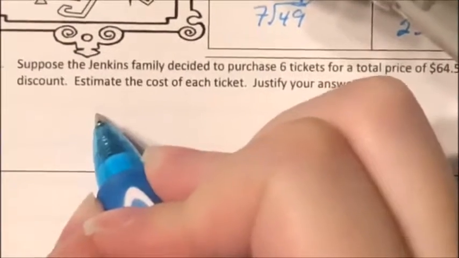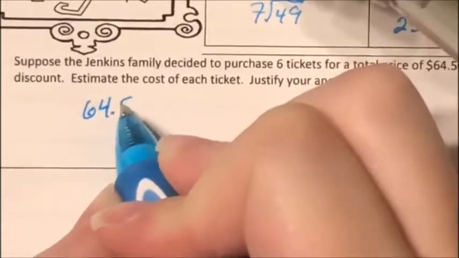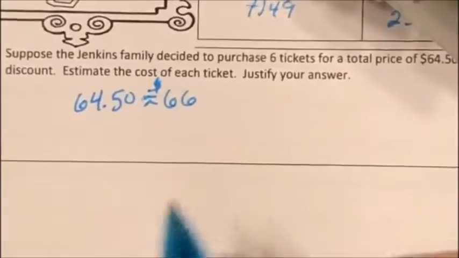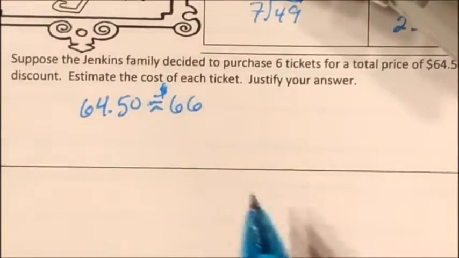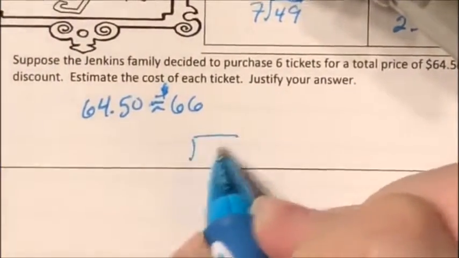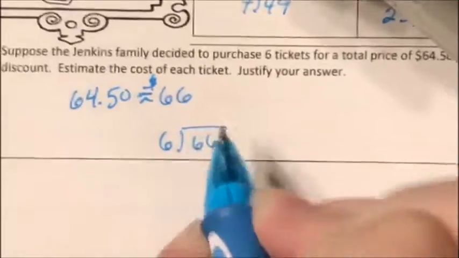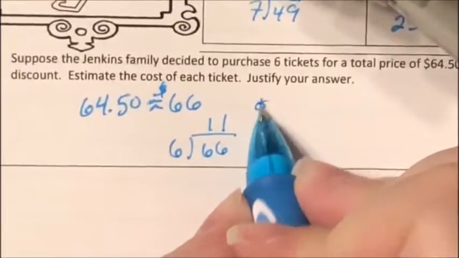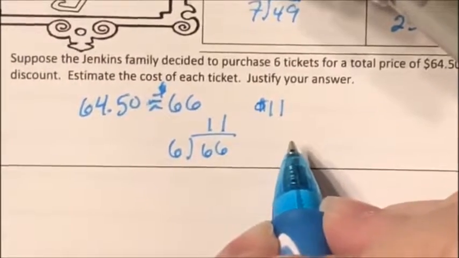So I'm going to say $64.50 is about $66. Okay. Then I'm going to take 66 divided by 6, which gives me 11. So each ticket is about $11.